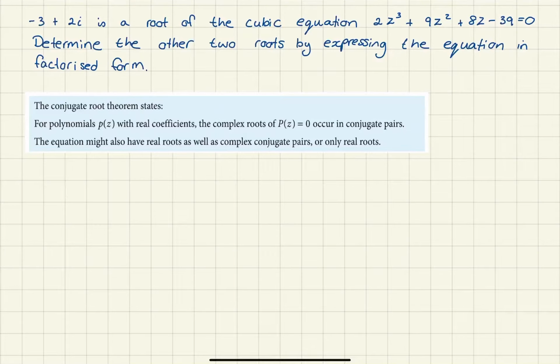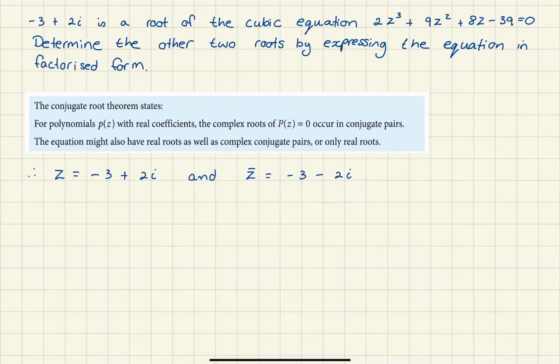So what we're saying is negative 3 plus 2i is a root, therefore z equals negative 3 plus 2i, and z bar, its conjugate, equals negative 3 minus 2i.